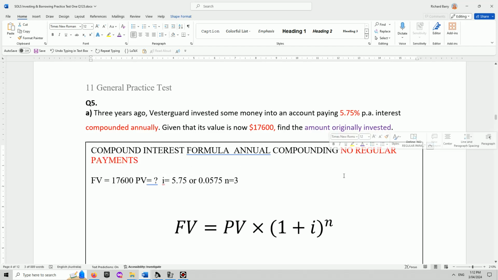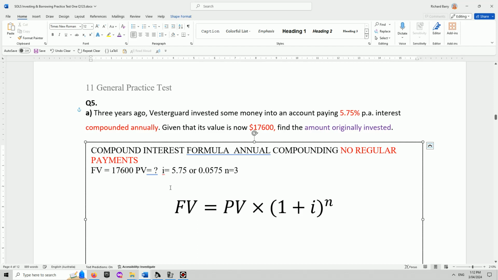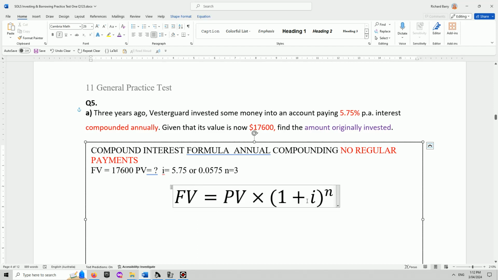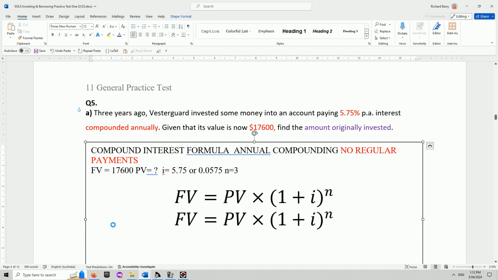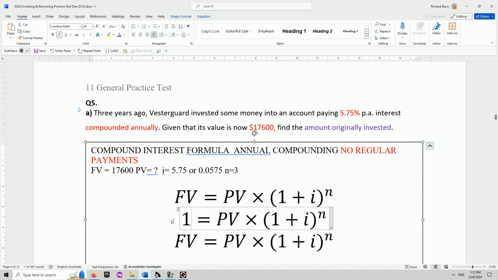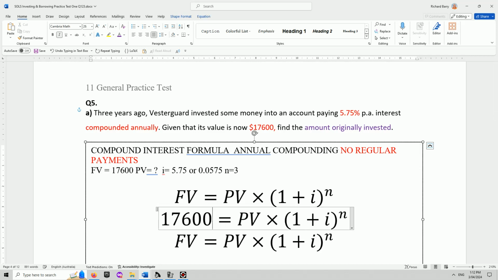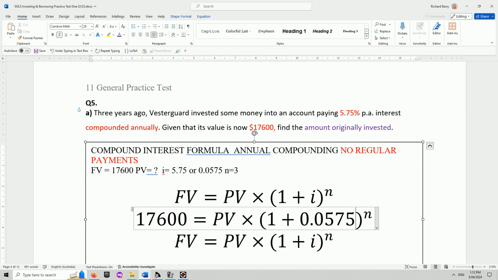So we're going to do this two ways. Let's highlight this, copy it, and put the numbers in place. 17,600 divided by (1 + 0.0575) to the power 3.